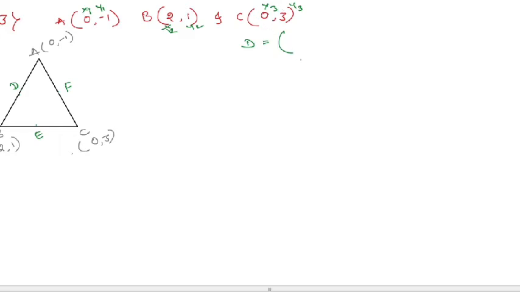So for finding D, midpoint formula is x1 plus x2 by 2, y1 plus y2 by 2. What will you get? 0 plus 2 divided by 2 comma minus 1 plus 1 divided by 2, which is equal to 2 by 2 is 1, minus 1 plus 1 gets 0. 1 comma 0. These are the coordinates of D.